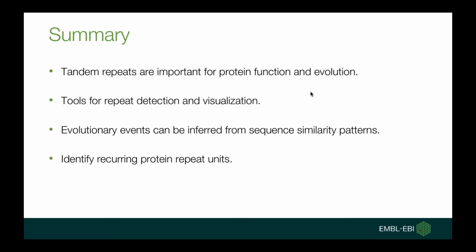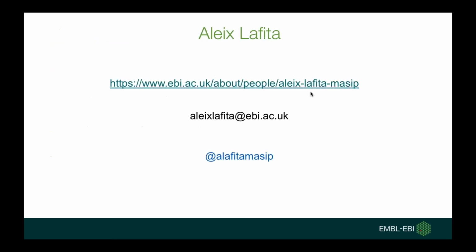And identifying these recurring protein repeat units across many different proteins is an important source of evidence in order to go ahead and study what the molecular mechanisms or the functions are that these units represent or carry out. So this was the end of the talk.